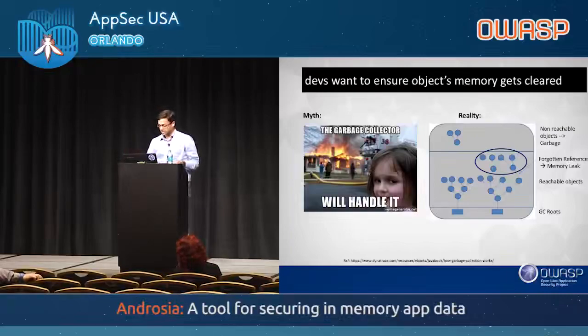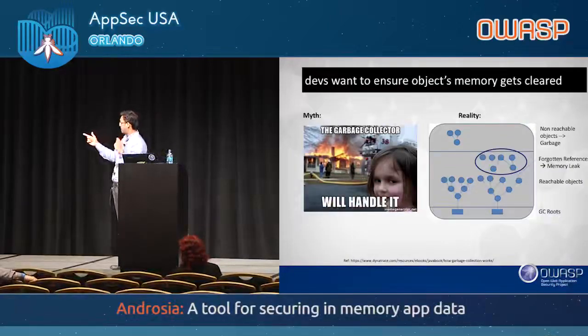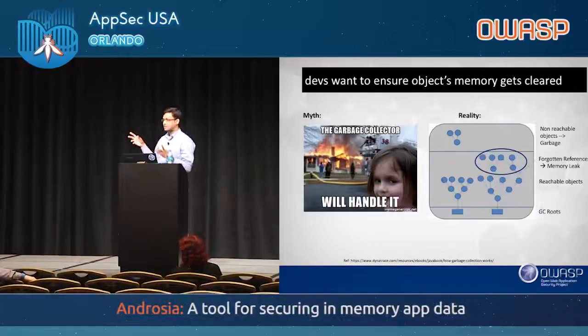So what I'm trying to come to is that developers might forget some references, like the one shown in the oval. And these objects might contain sensitive information, which will eventually be overlooked by the garbage collector and will not be collected.